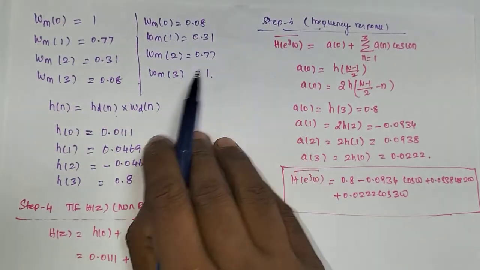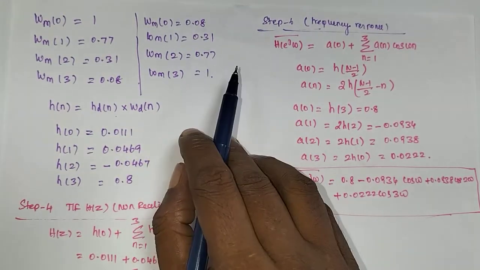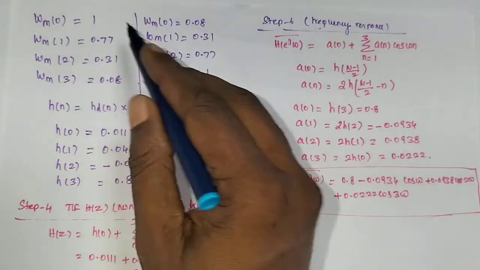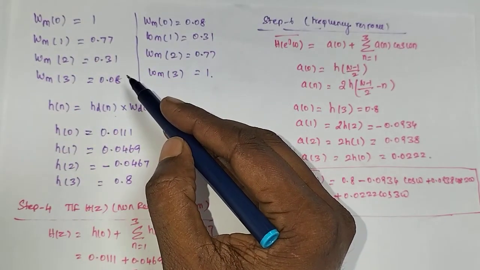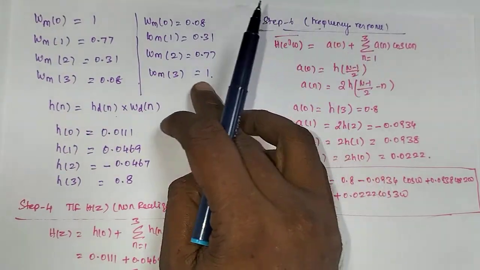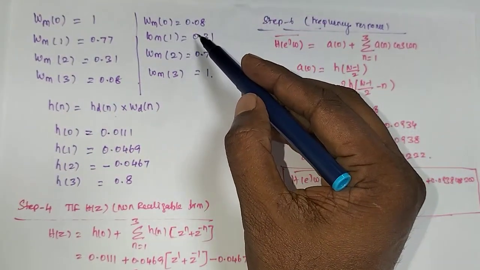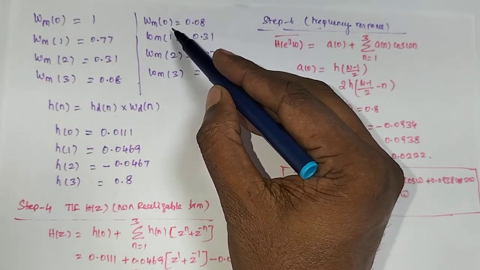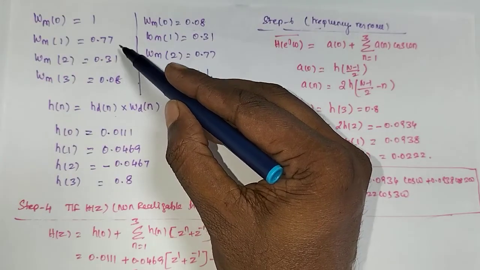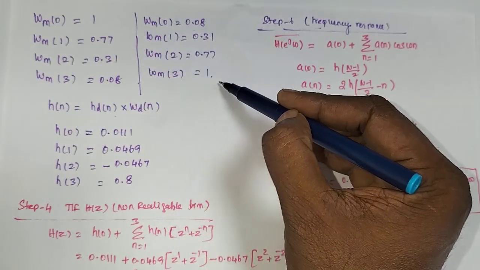Here the filter is not symmetrical about 0, it is symmetrical about 3. So I just shift the window coefficients 3 times to the right, or write them in the reverse order. Both operations are the same. Wm of 0 is equal to 0.08, 0.31, 0.77, and Wm of 3 is 1.